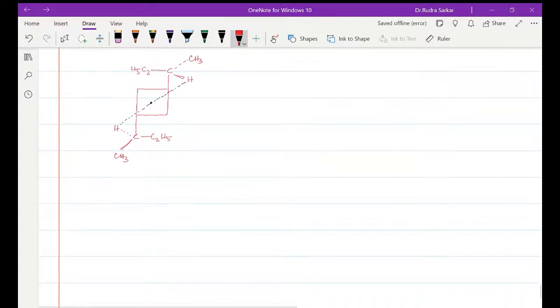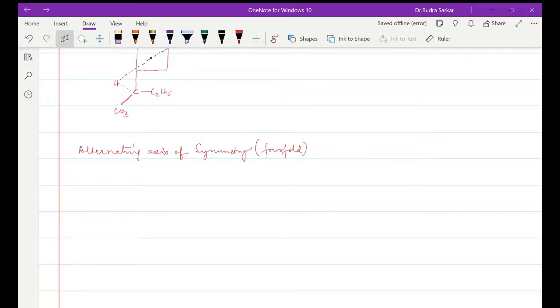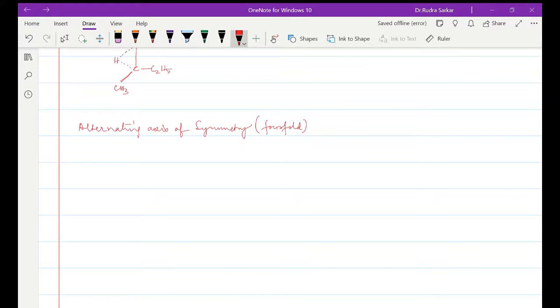Okay, let us now consider the alternating axis of symmetry, and basically we are discussing here the fourfold axis of symmetry. So for that we are taking an example of this molecule.